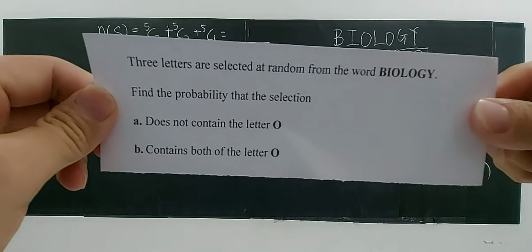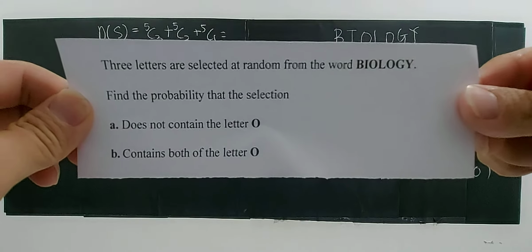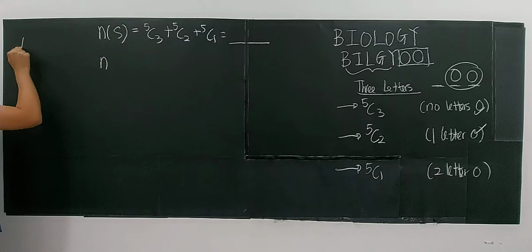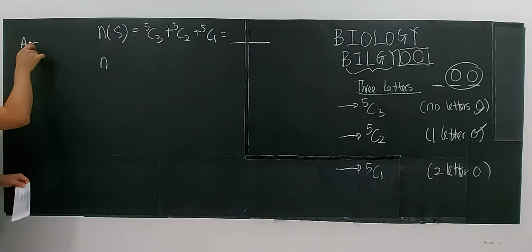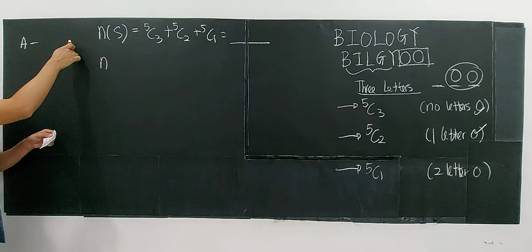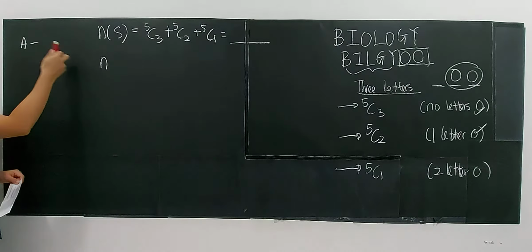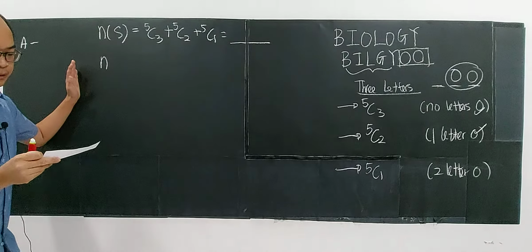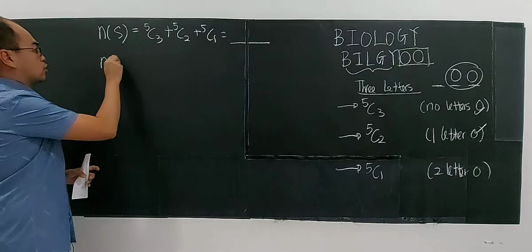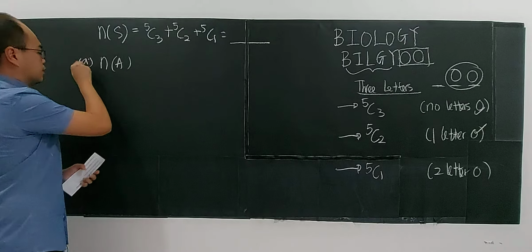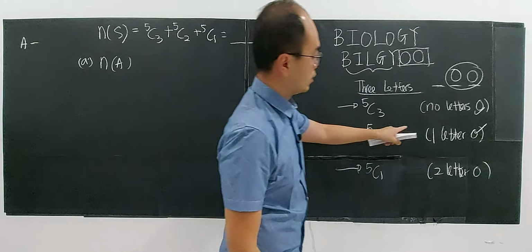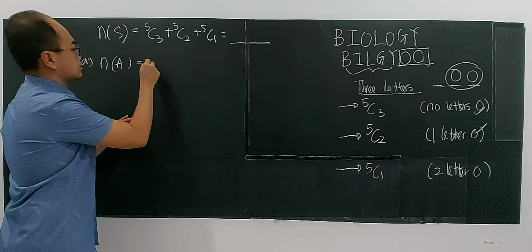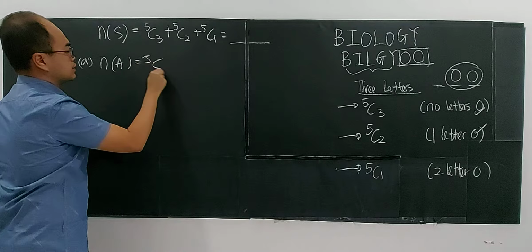Find the probability that the selection does not contain the letter O. Let A be the event that the selection does not contain letter O. For part A, no letter O means 5C3.